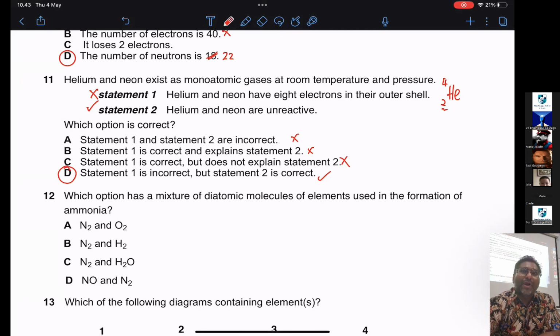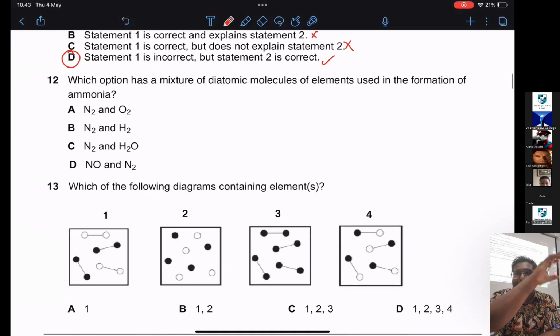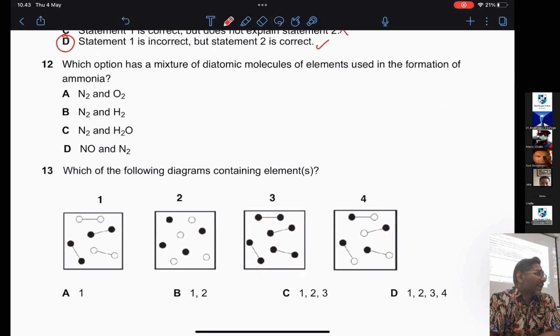So if you have the outermost electron 8, we call it octet structure. But for helium, we always say duplet, because 2 electrons. But generally helium and all the noble gases are unreactive, they are inert, because all the last shell of electrons are complete.